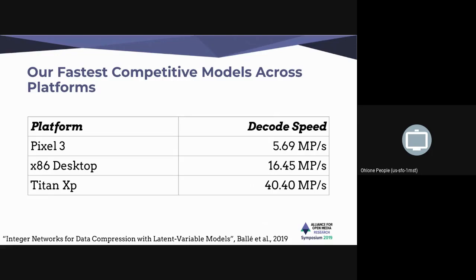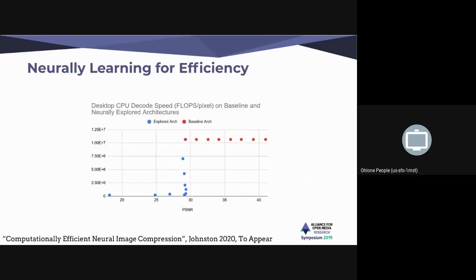And in fact, speed has been one of the things that we were really worried about, and we wanted to make sure that these things are feasible. So we investigated how to speed these things up, and it turns out that it's possible to maintain PSNR.